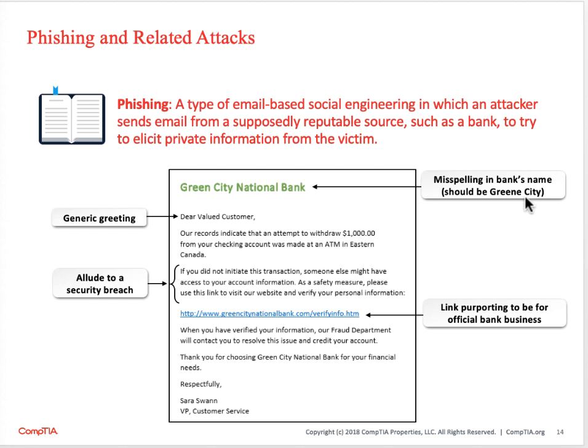And so they may make mistakes, right? And then other ones, it'll be a lot harder to identify. But a common way to identify them would be things like misspelling, bad grammar, generic greetings, and then alluding to some sort of breach.